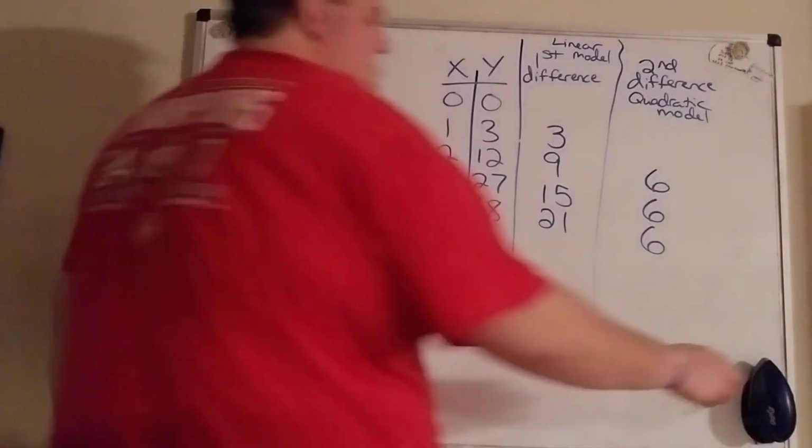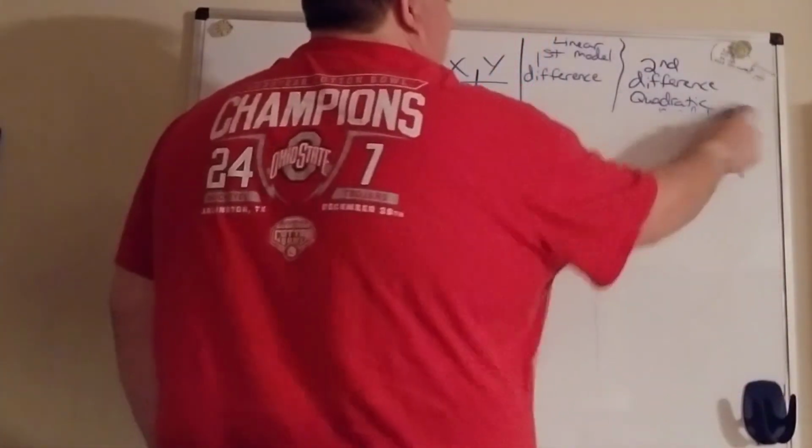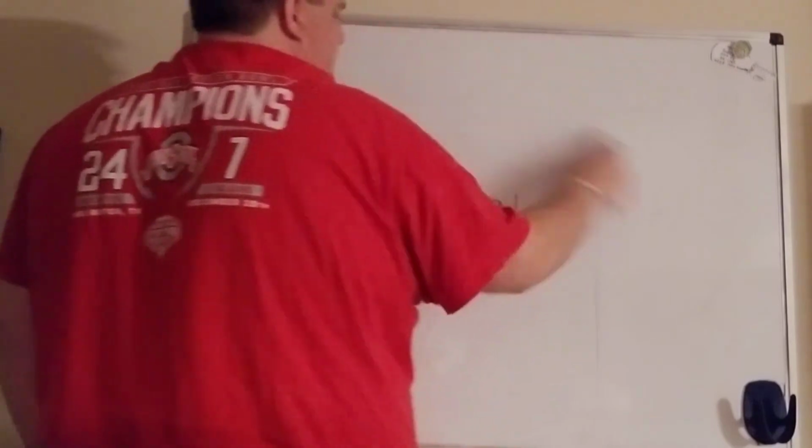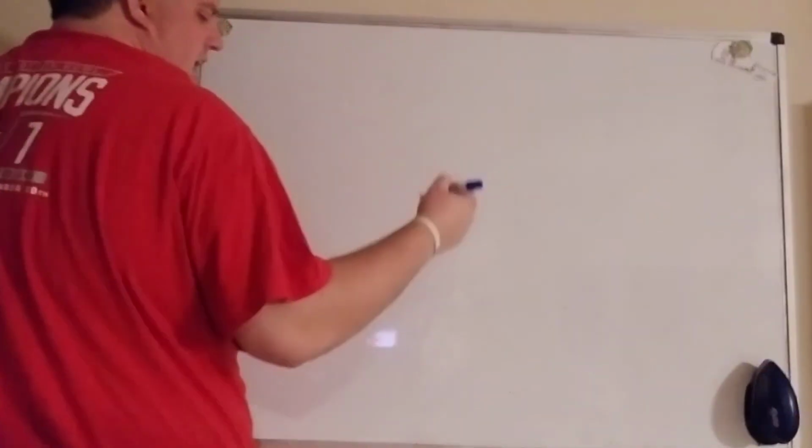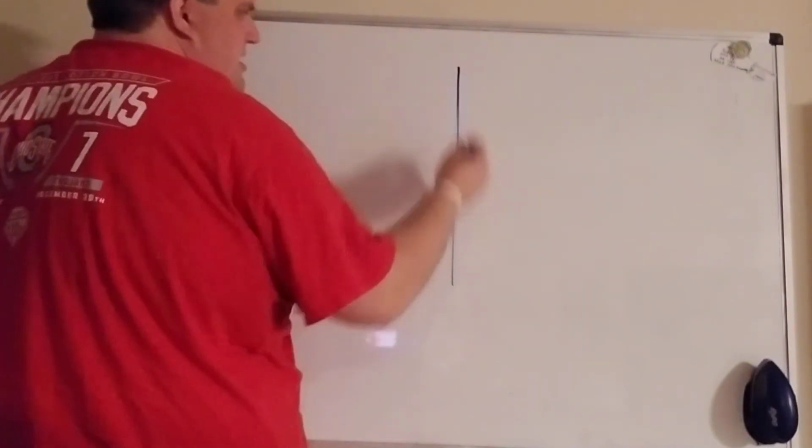Let me show you an example of the other ones, what those might look like, right? So, for example, let's say we had a table of values.